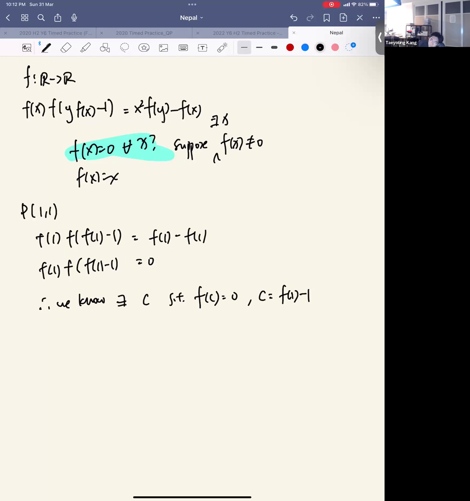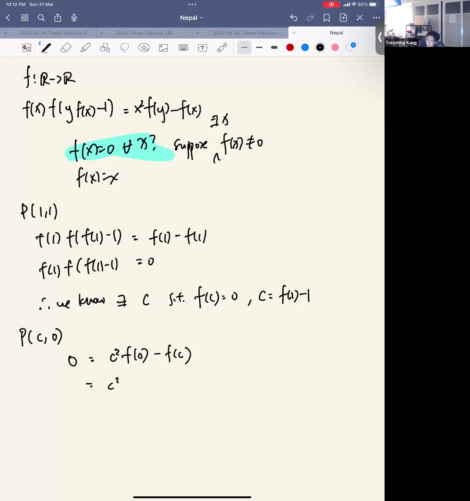So now what we do is we do P(c, 0). We know that f(c) is 0, so the whole left hand side is just 0. So we have 0 equals c squared f(0) - f(c), which is equal to 0.